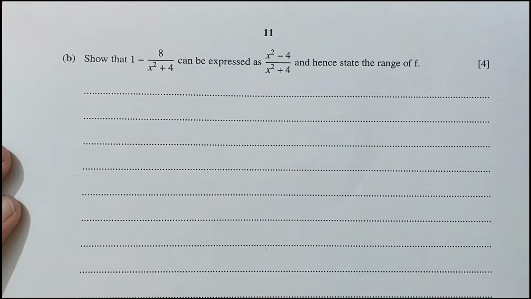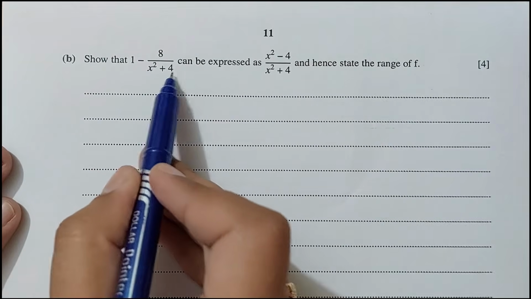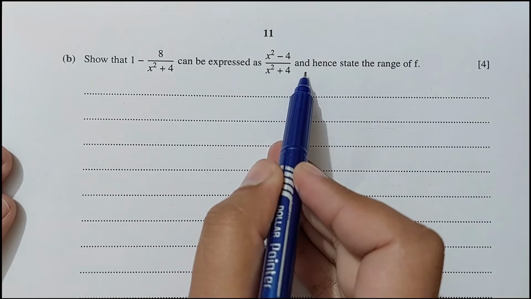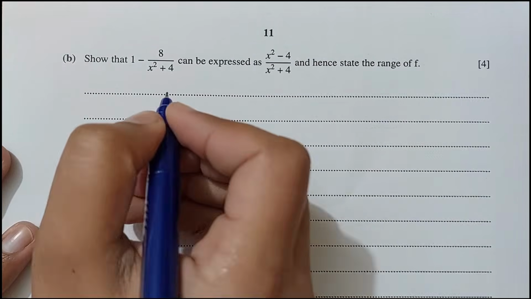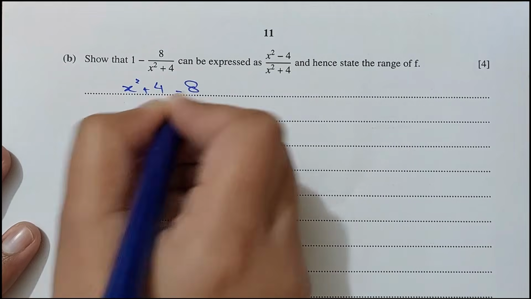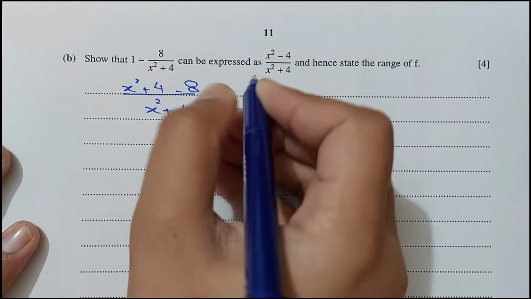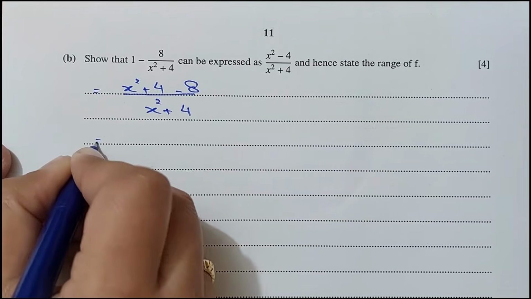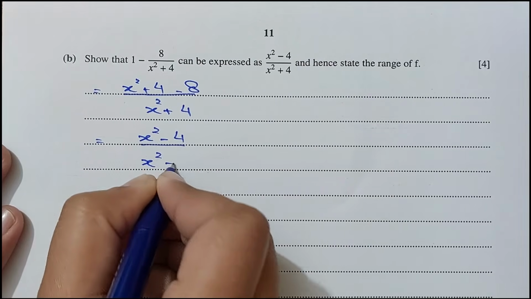Right? Now for part B, show that 1 minus 8 over x square plus 4 can be expressed as this, and hence state the range of the function. Okay, so first taking the LCM, we have x square plus 4 minus 8 over x square plus 4, and this would be equal to x square minus 4 over x square plus 4.